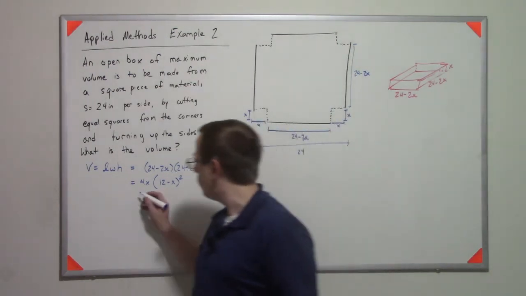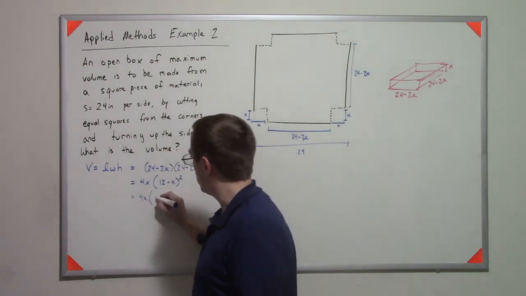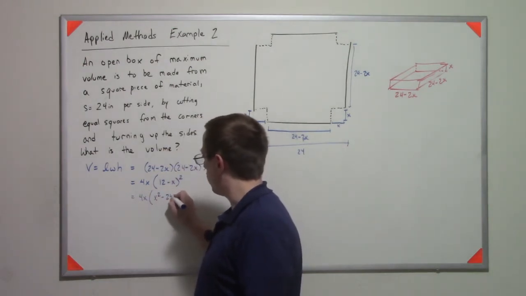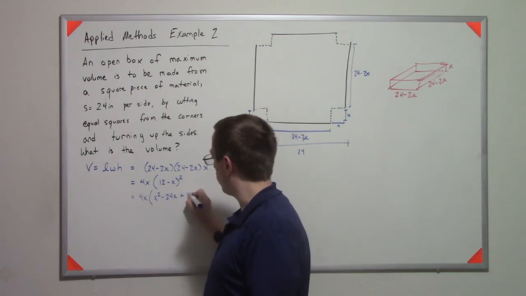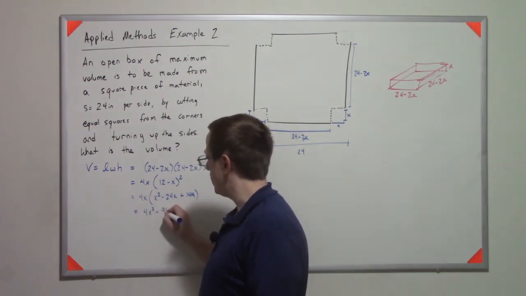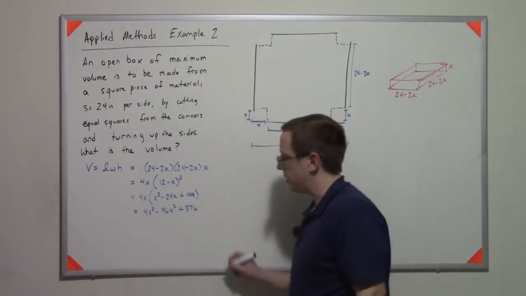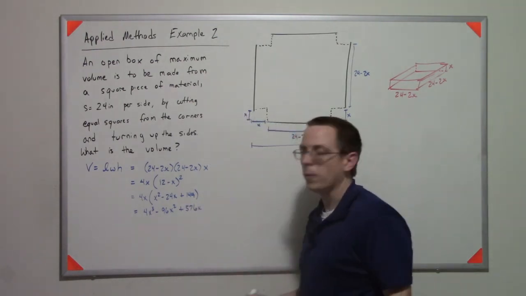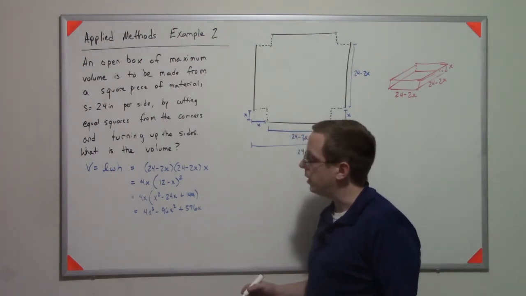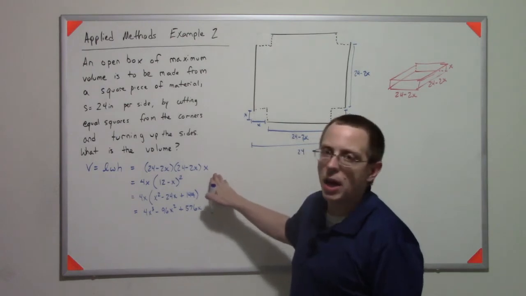It might be more helpful to write that out as 4x times (x squared minus 24x plus 144), which would be 4x cubed minus 96x squared plus 576x. I don't know, whichever way is beneficial to you. So length, width, and height are here.